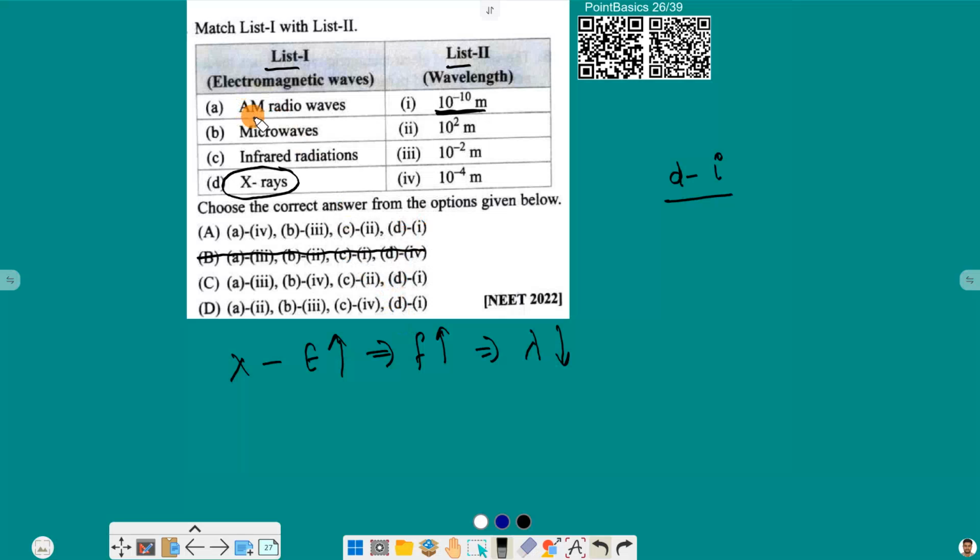Now coming to the AM radio waves. Radio waves are going to have the highest value of wavelength. So the largest value available is 10 raised to power 2 meter. So AM wave should match with 2. So A should match with 2, and that is only possible with option D. So option D is the right answer here.